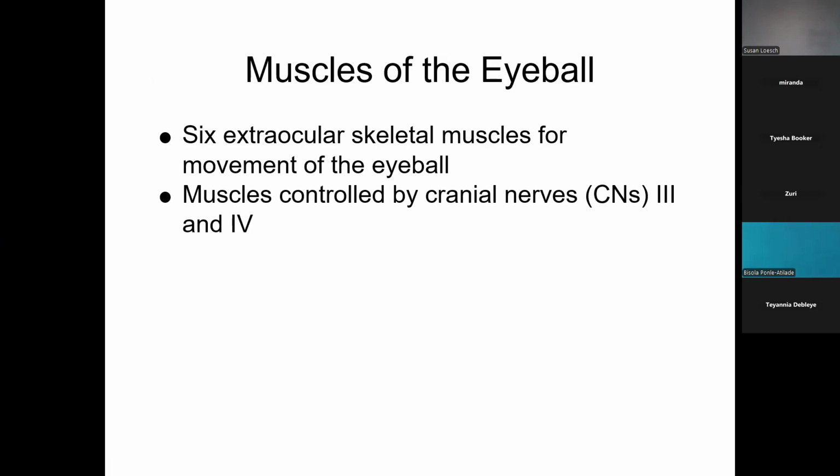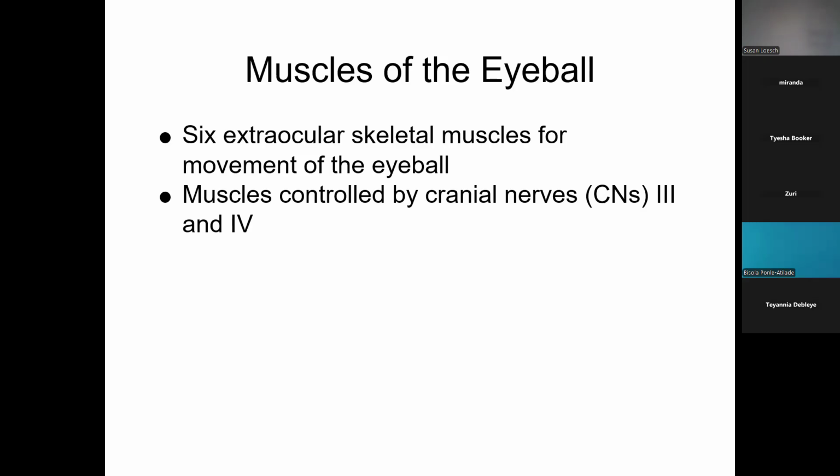All right. Also in the eye are the ocular muscles, and those control the movement of the eyes. There are six of them. You might have done an eye exam on someone where you tested the cardinal fields of gaze, and it's these six extraocular muscles that control that test. What you're looking at is to make sure that the eyes can go six different directions, like oblique, side to side, up and down.